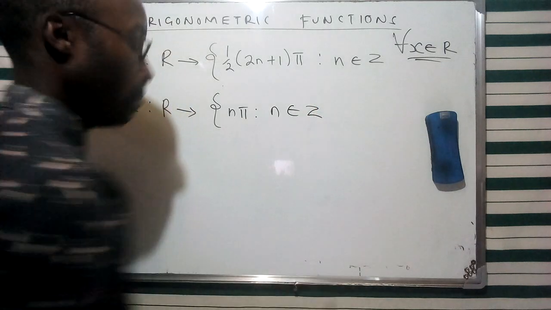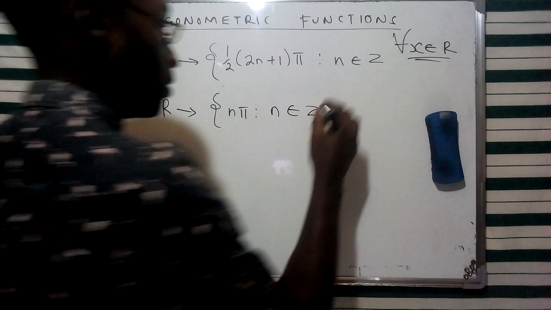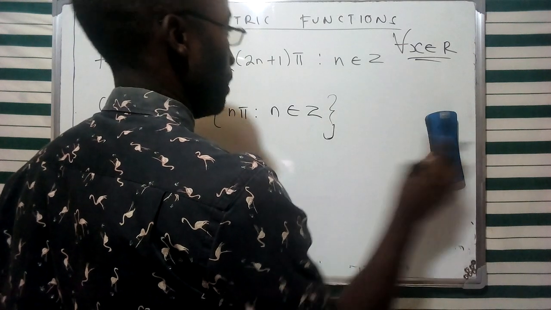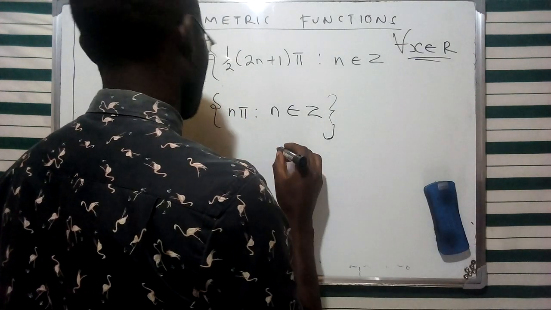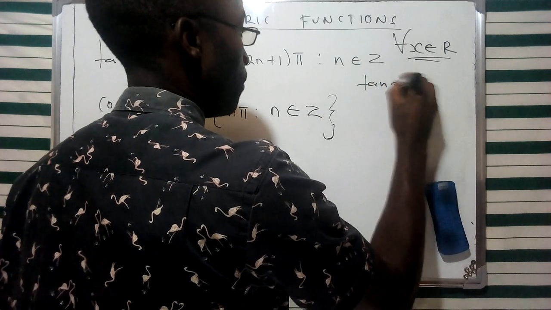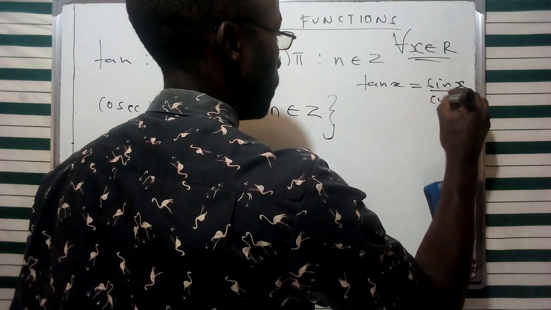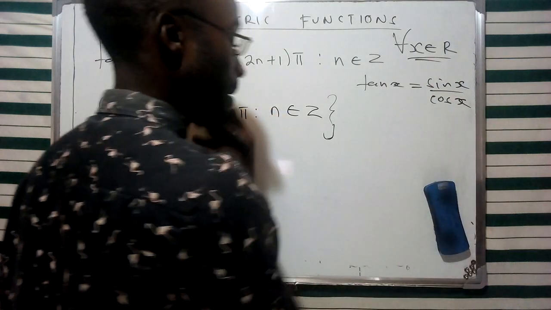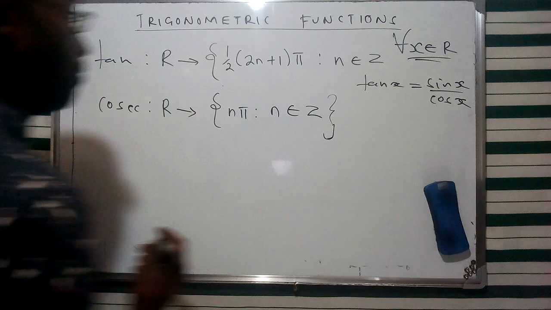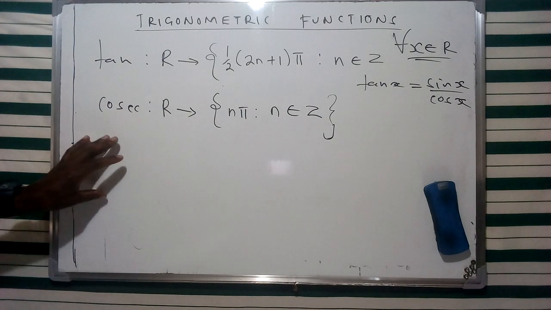And we can express this function, the cosec, as the inverse of a sine. So we have decided that the tan of a function is equivalent to the sine of x over the cosine of x. The various reciprocals of these specific terms can be given in terms of cosec, sec, and cot.